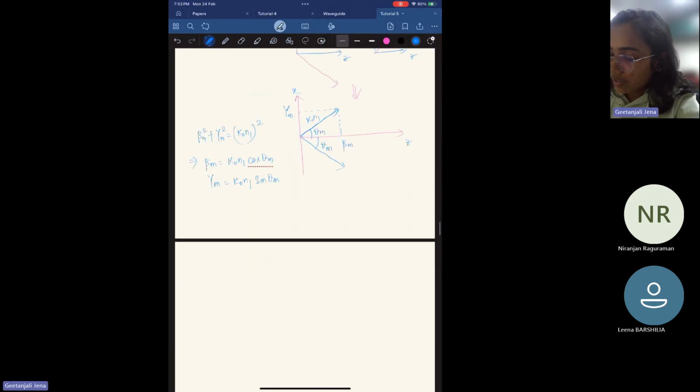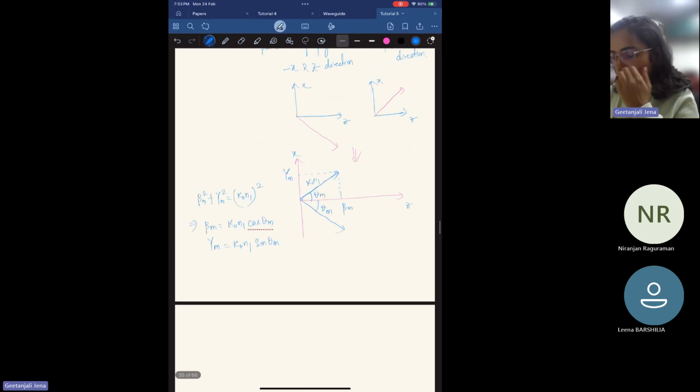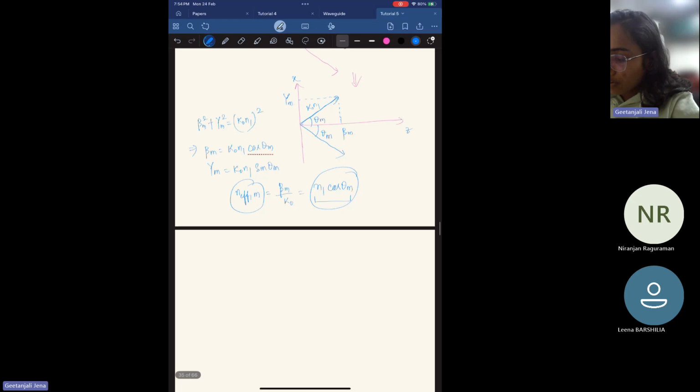And the effective index for a mode m is nothing but beta m by k0, which is n1 cos theta. So this is the relation between n effective and the angle of propagation. N effective is already given.